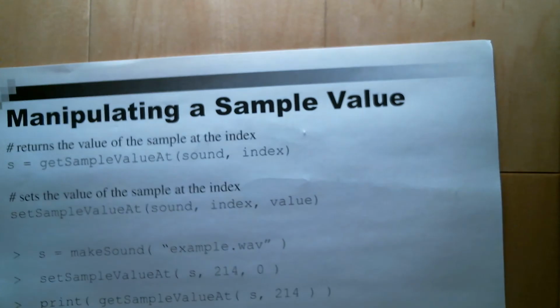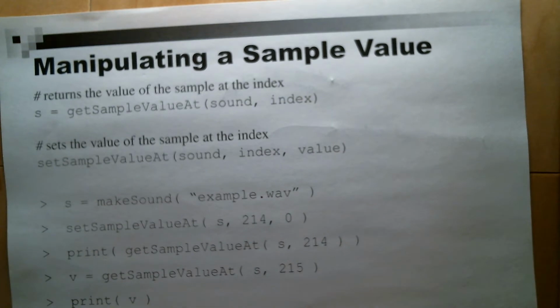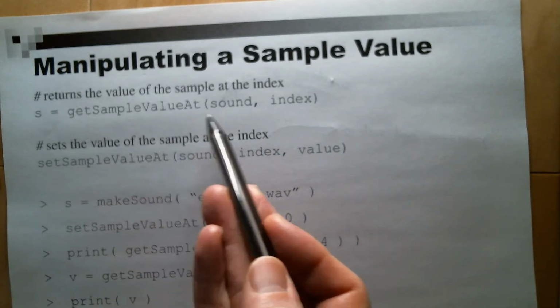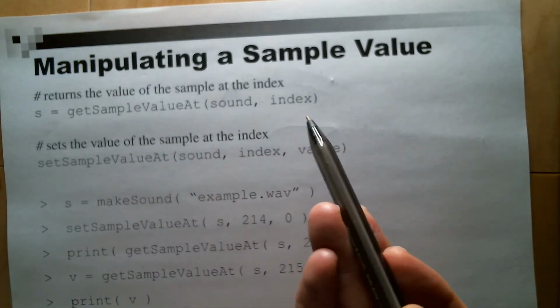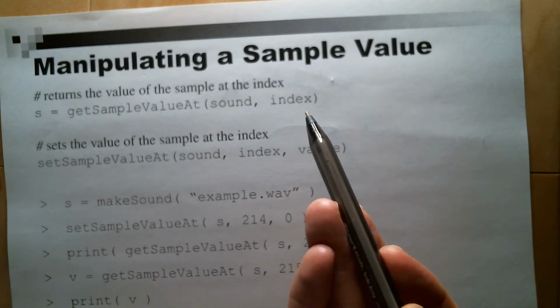All right. So let's talk about manipulating a sample value. So here we have the command s equals get sample value at. You can think of this as the equivalent of get pixel. In get pixel, we had to provide an XY location. With get sample value at, we have to provide the sound and then the index.